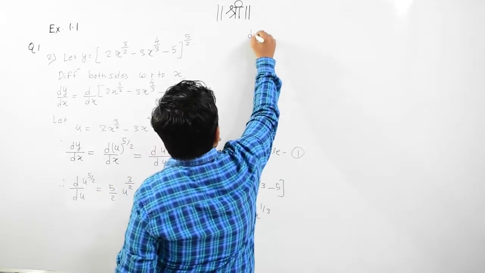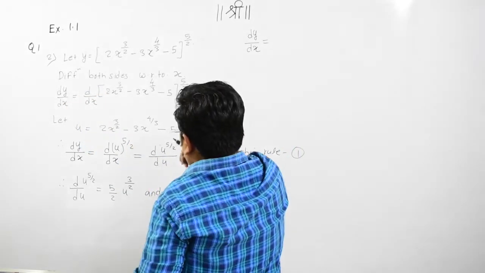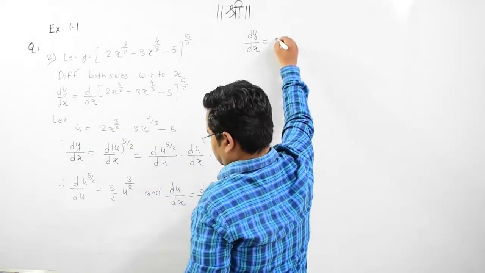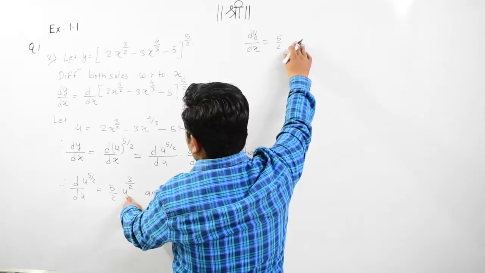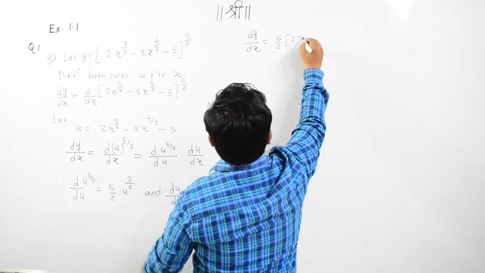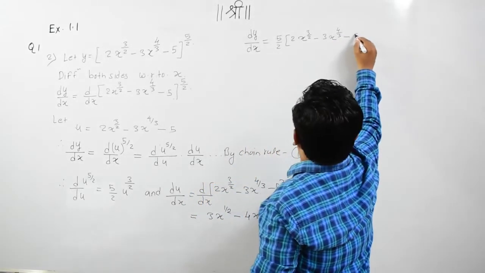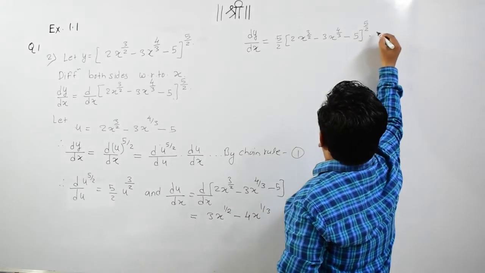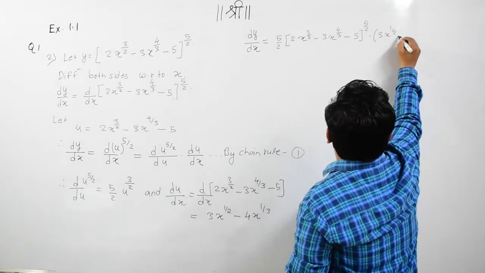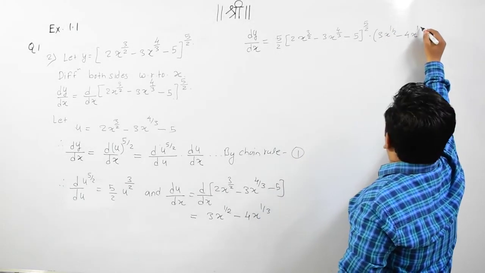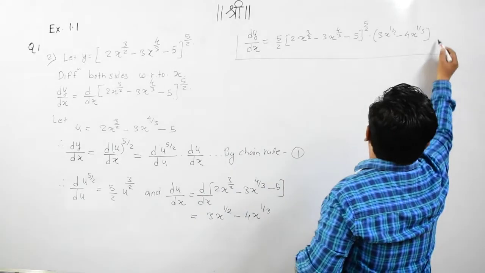What will you get? dy upon dx is equal to 5/2 times u, where the value of u is 2x raised to 3/2 minus 3x raised to 4/3 minus 5, all raised to 3/2, dot, in bracket, 3x raised to 1/2 minus 4x raised to 1/3. That's our final answer. So that's how we get this dy upon dx.